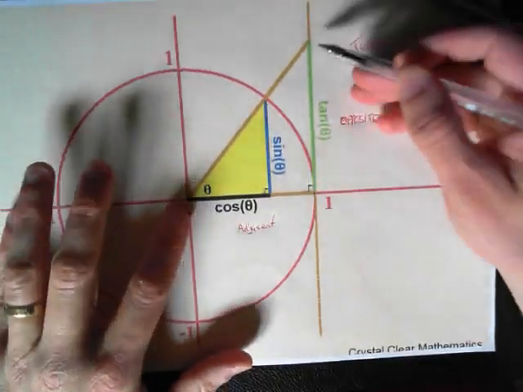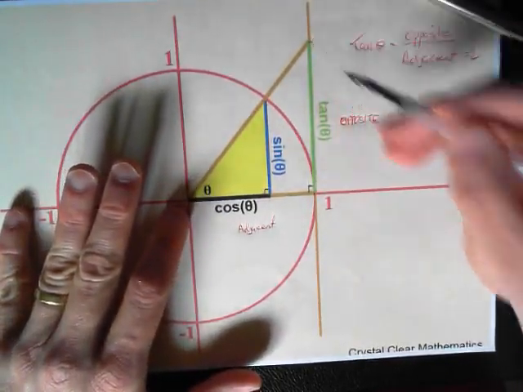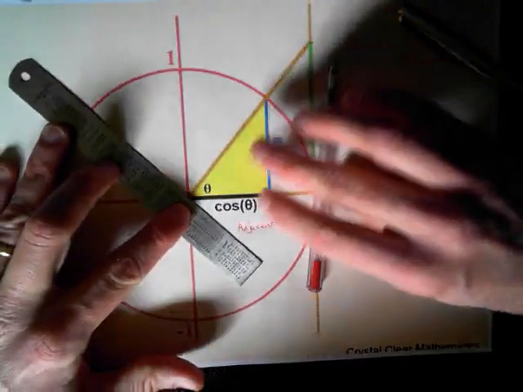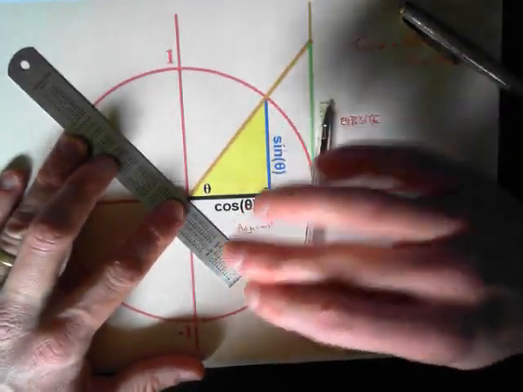It's easy to see in the first quadrant that the tan of an angle is that length there. But if I come through and draw an angle greater than 90 degrees, so I'm going to come in here, okay.